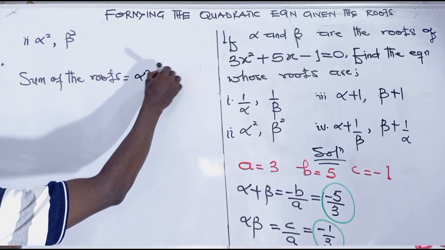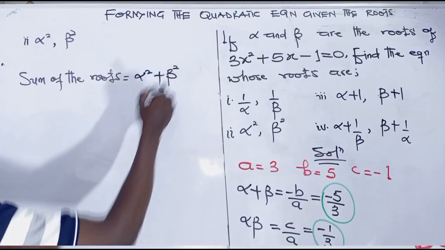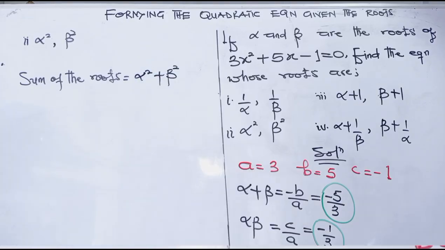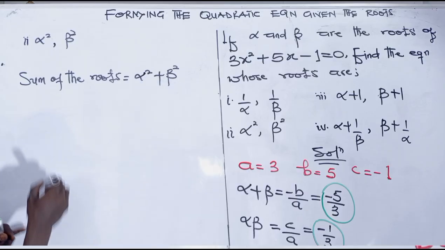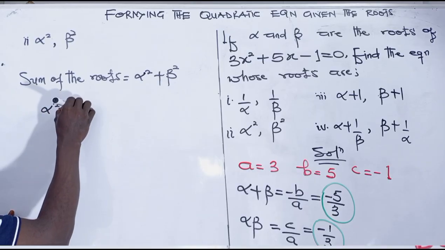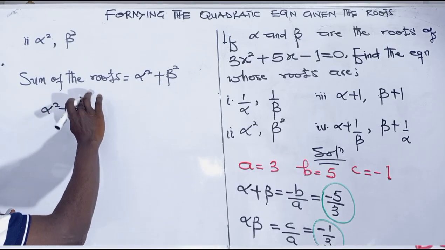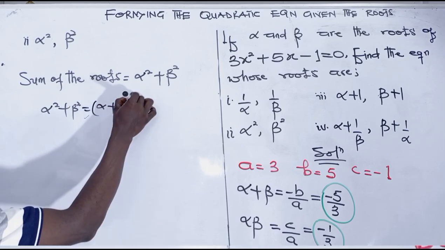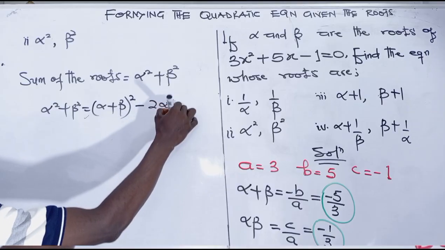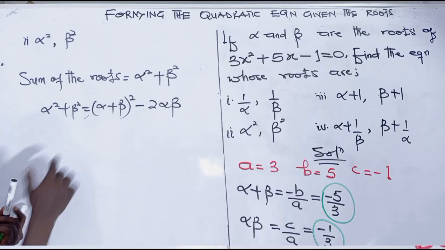We have alpha squared plus what? Beta squared. And we have already established that when you have alpha squared plus beta squared, it can be expressed as alpha plus beta all squared minus 2 alpha beta.